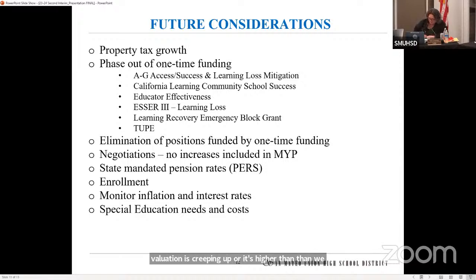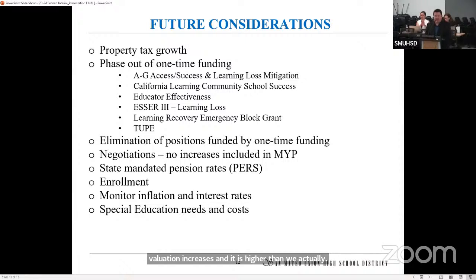I agree with that. Do you see the district spending that incremental piece, or do you see the reserves continue to increase as we have been in the years when that assessed valuation increases and it is higher than we planned? Actually, I see the spend down of the restricted side of the budget pretty significantly over the next couple of years as that's grown.